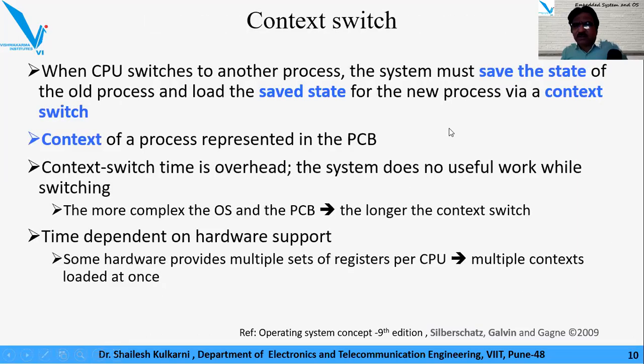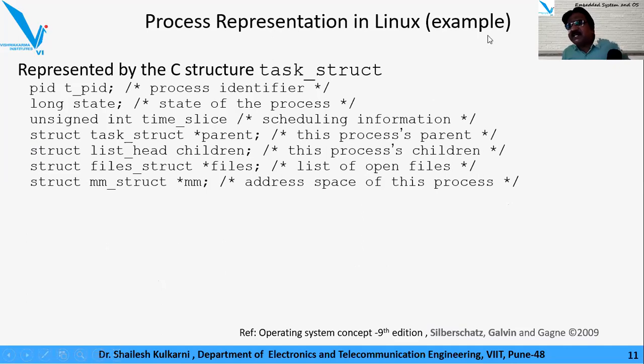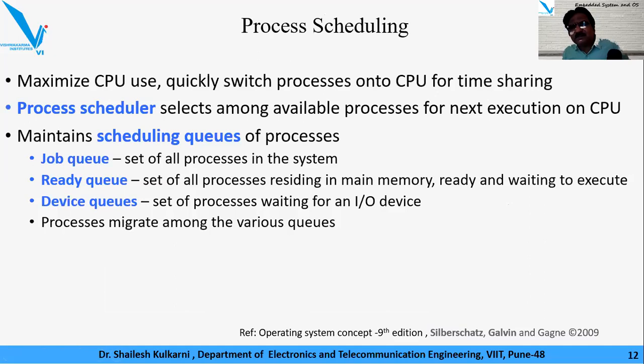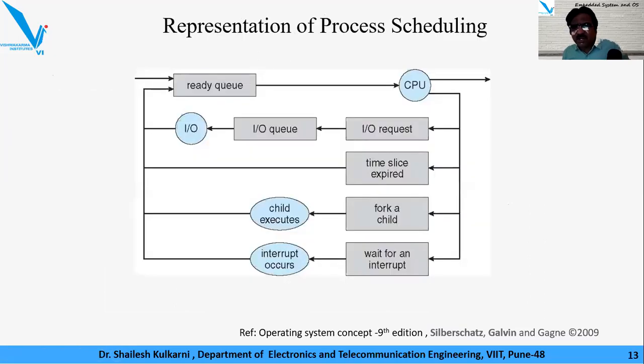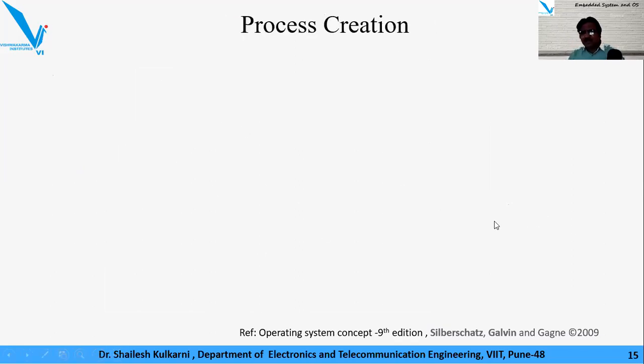Further, what we are supposed to discuss is context switch and the different representations in different operating systems, like Linux: the different process scheduling behind it, the representation of the process, and the different operations that happen on a process, like creation and termination.